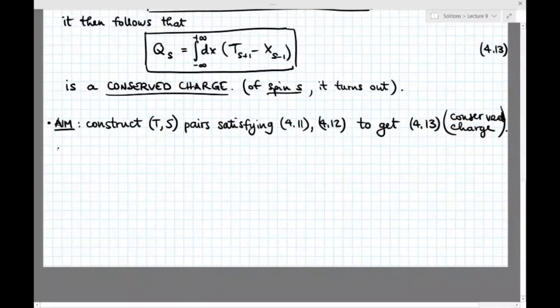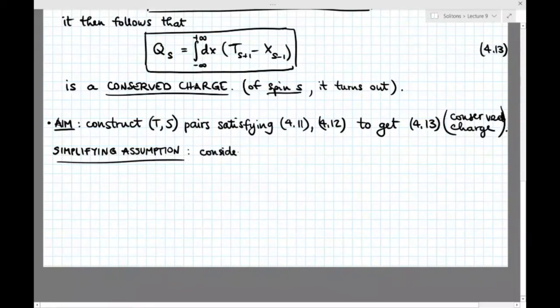To make our life easier, we'll make a simplifying assumption. Namely, we'll only consider so-called polynomially conserved densities.